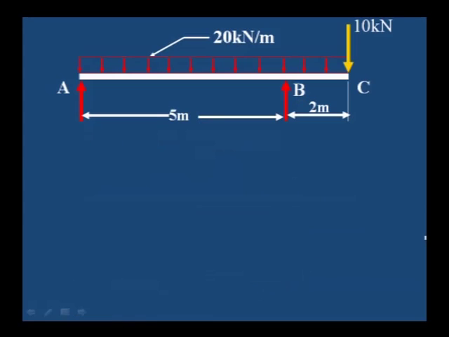Like this, sometimes we have to calculate the maximum bending moment when a uniformly distributed load is given, as well as the point of contraflexure. One more example where a uniformly distributed load is throughout its length plus one more additional point load is acting. Let us see how to calculate the shear force and bending moment diagrams.